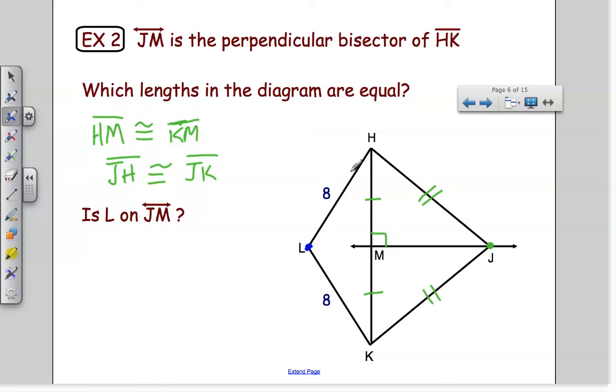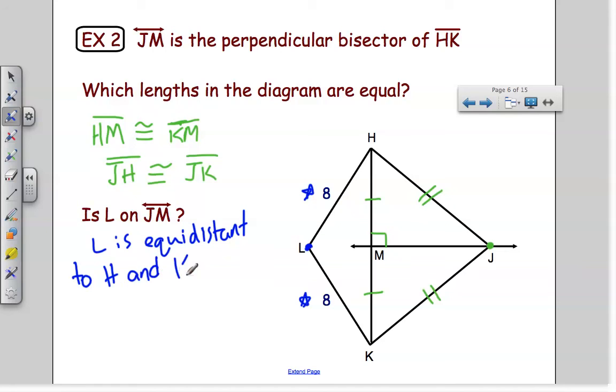Is L equidistant to H and K? Yes, it is. We look at the fact that the distance to H and K is the same, and since L is equidistant to H and K, the endpoints of that segment, it is on the perpendicular bisector.